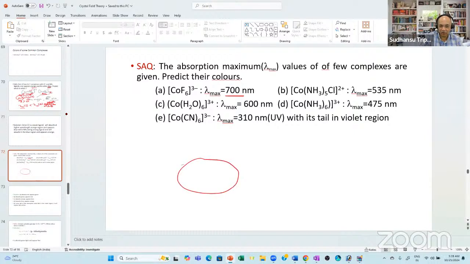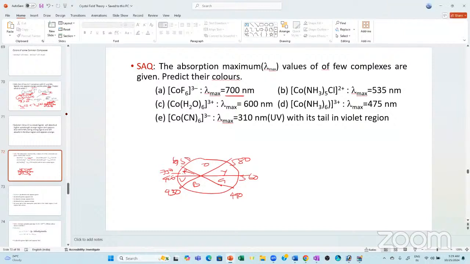Again we draw a cross and a horizontal line. 400, 430, 490, 560, 580, then 650, then 750. VBGYOR. So 700 falls in which region? Red.